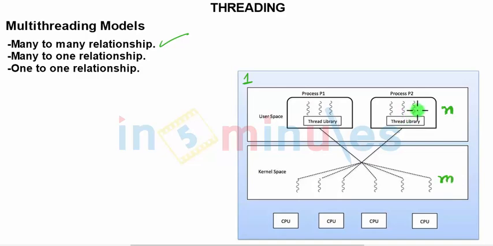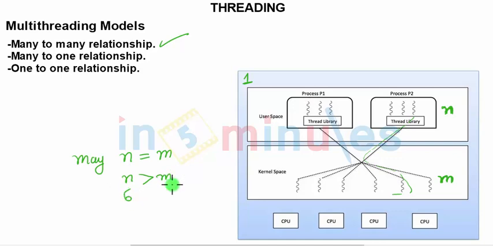Whenever any thread is blocked or you require higher privileges, that thread will be shifted down and would execute. We again say one simple thing, it may or may not be: we may have n equal to m, that is, an equal number of user threads and kernel threads, but in most cases observed, generally n is greater than m.